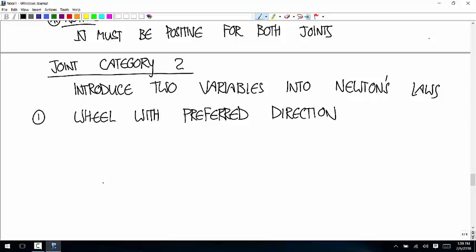So that could be like this, where this wheel is going to roll in a direction like that. Okay.